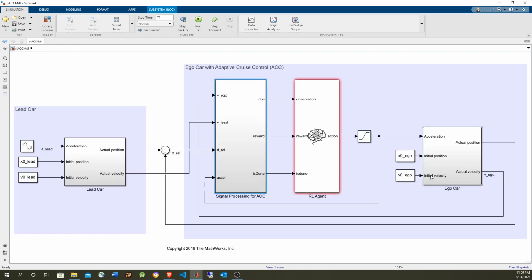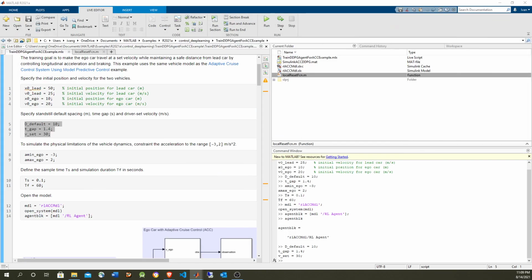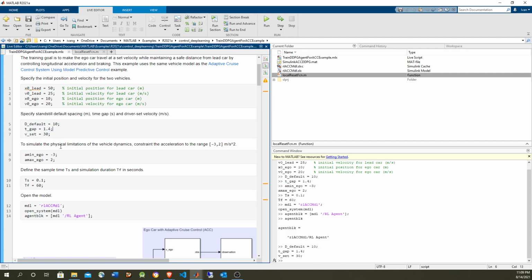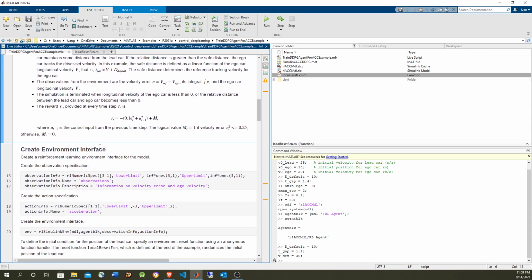Now we understand the model, so let's create the reinforcement learning agent and train it. Let's go back here. We have the model.